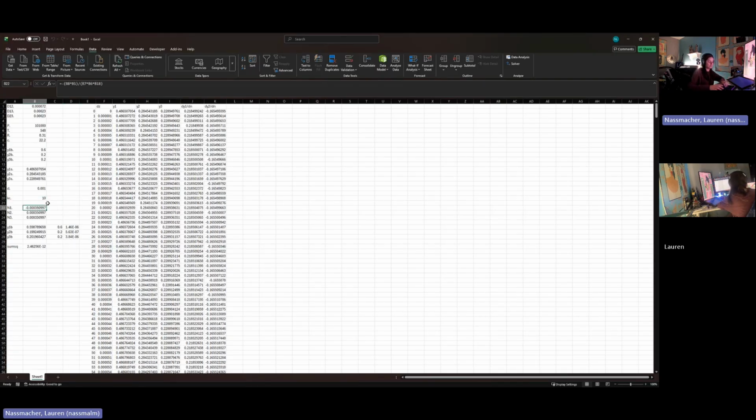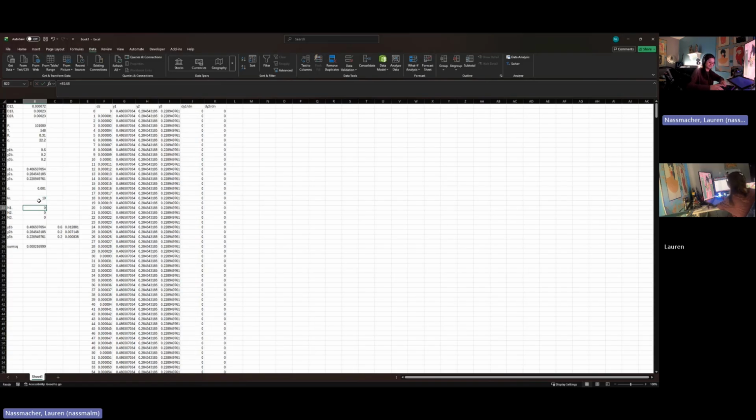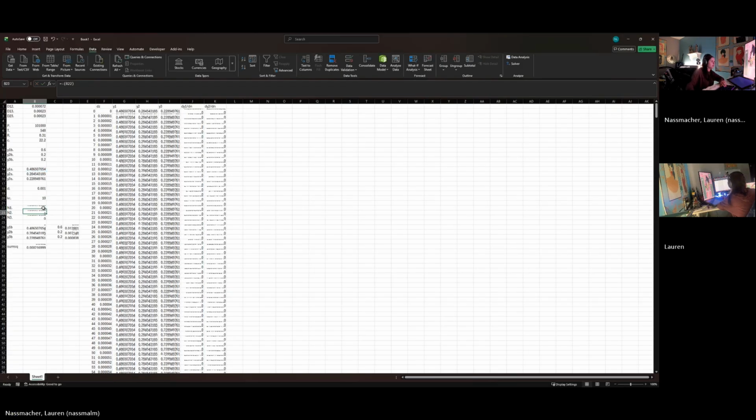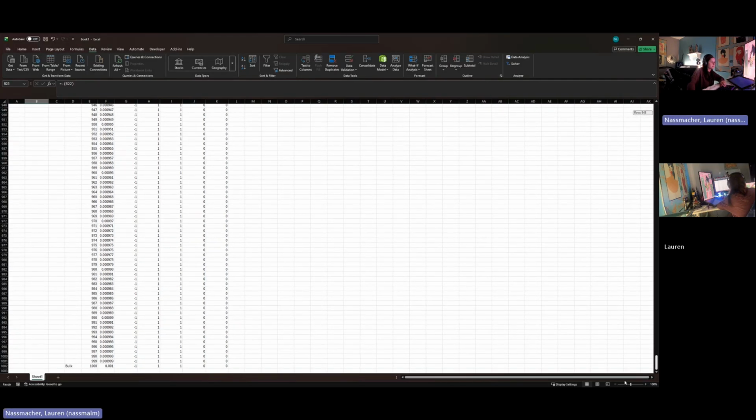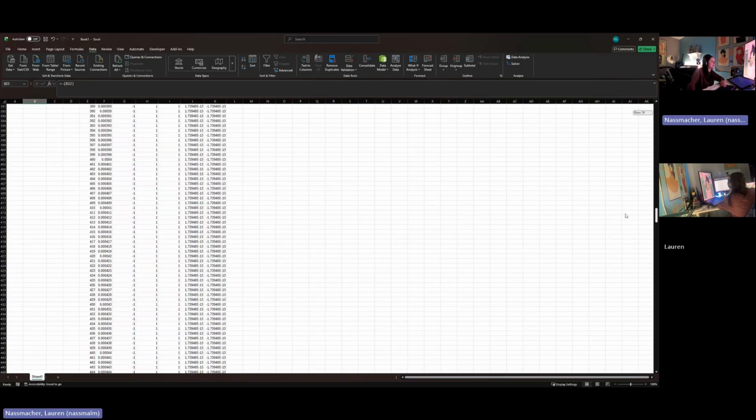So we're going to take our molar flux and we're actually going to change it up a little bit. We're going to take our Y1, multiply it by our reaction rate. Oh, equals that multiplied by our reaction rate. We get these values, right? And you'll notice a lot of negative ones.